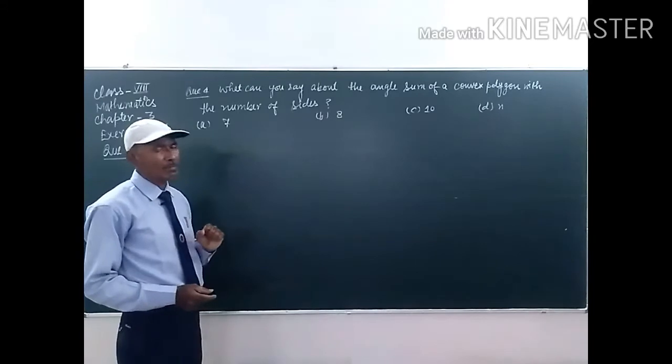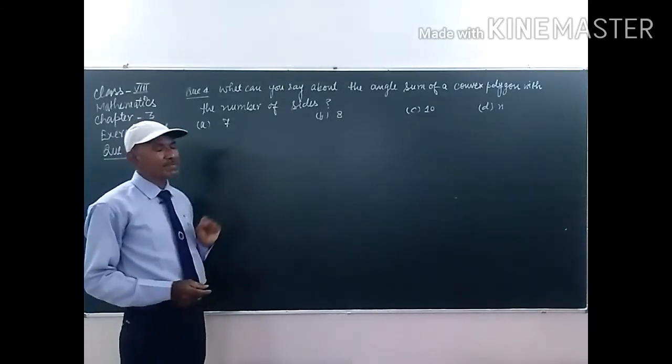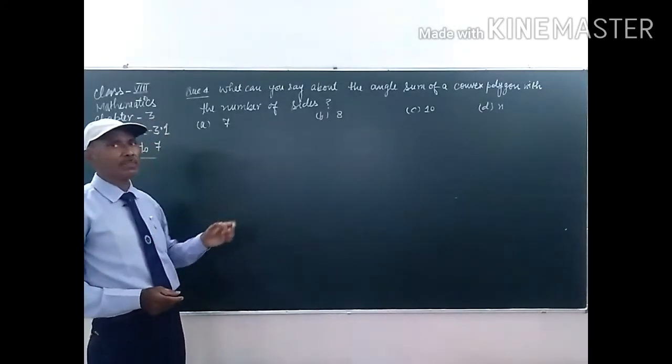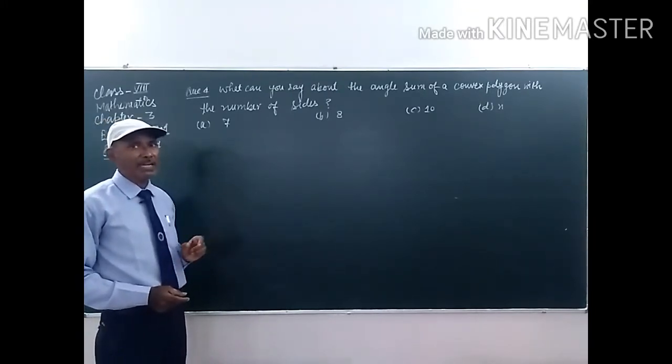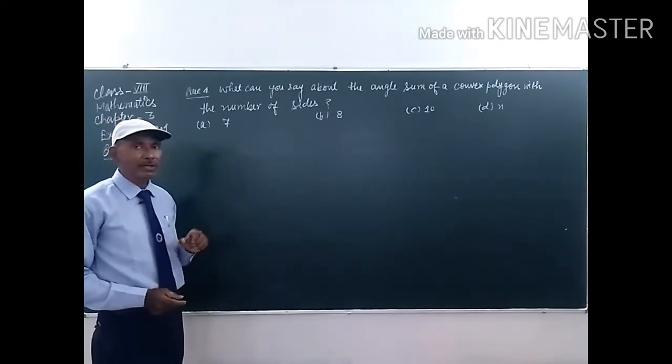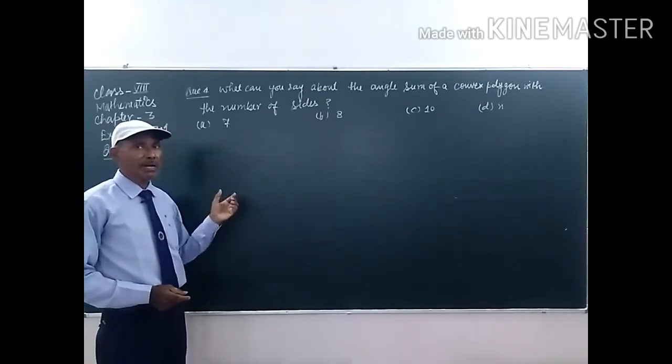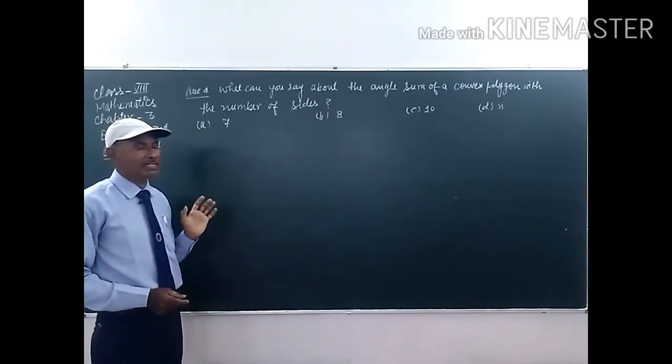So what is the formula, students? If the number of sides is n, then we have to subtract 2 from the number of sides and multiply it by 180 to find out the sum of interior angles.